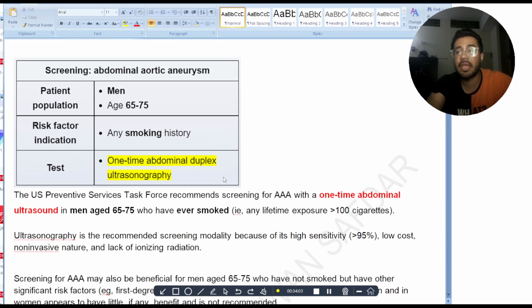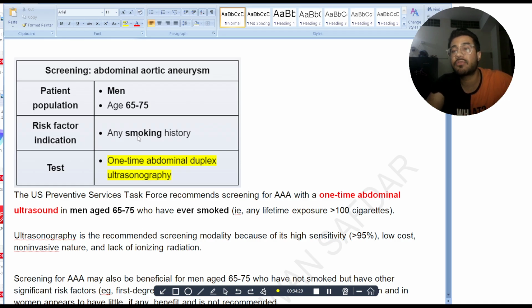So, screening. I'm also going to make lectures about screening and vaccination, but we'll also cover it during the system-wise study as well. So, abdominal aortic aneurysm screening is done in any man that reaches 65 and has ever smoked in his life.